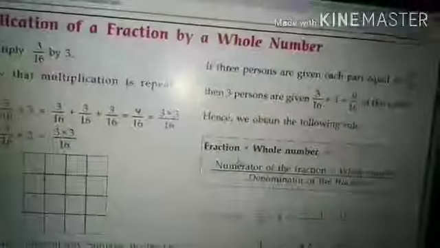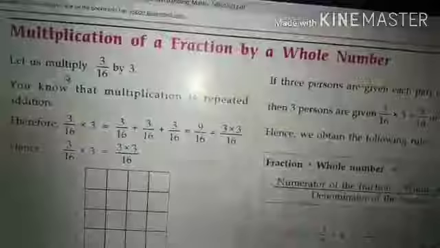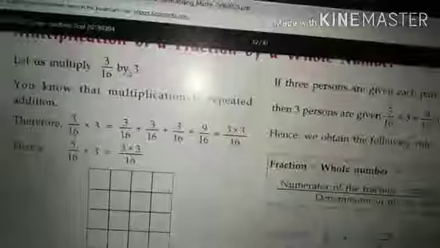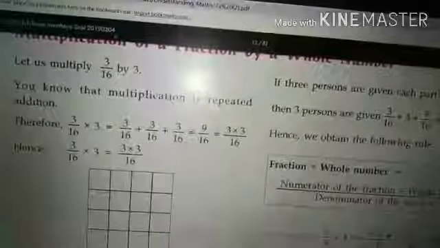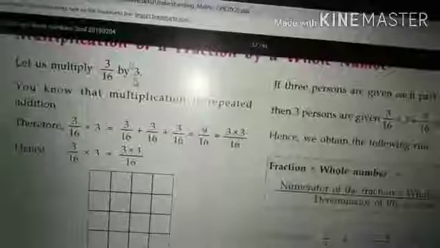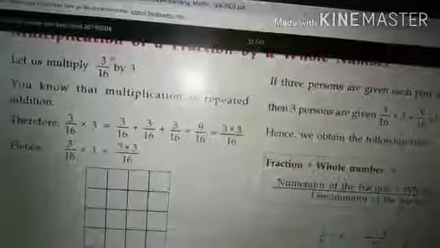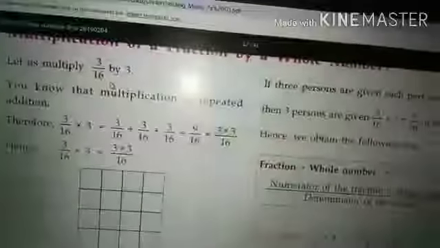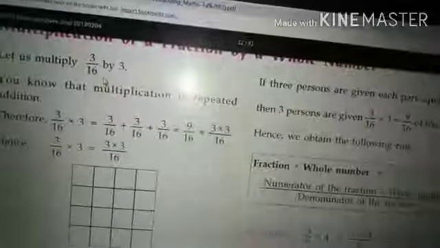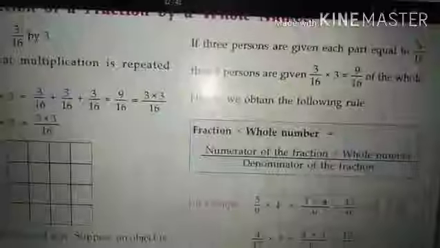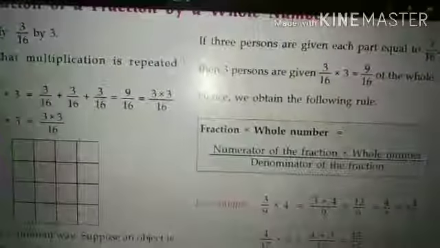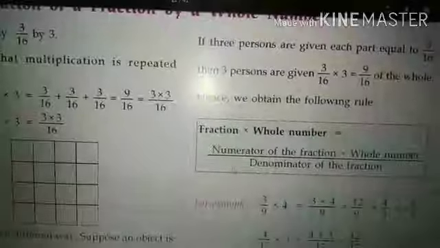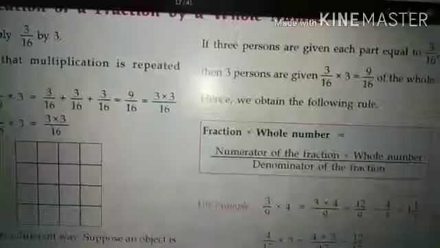So students, the question is to multiply 3/16 by 3. Here 3/16 is the fraction and 3 is the whole number. How will we do this? You can see fraction into whole number is equal to numerator of the fraction into whole number, upon the denominator.